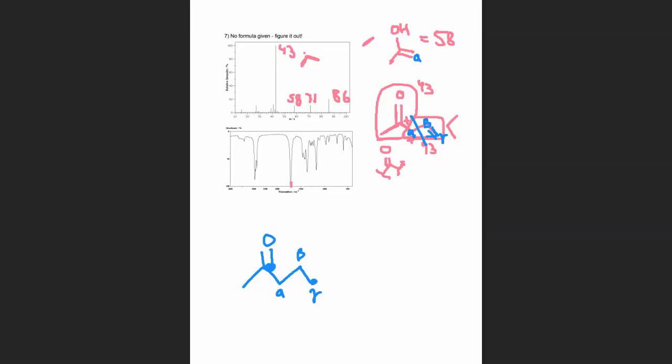So what happens is this oxygen will grab the hydrogen, and then this single electron will merge with this bond right here, and then this bond between alpha and beta will split off into two over here.